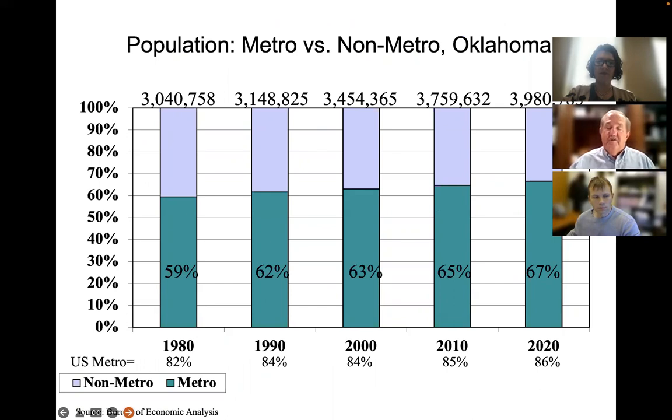And so there's this natural trend from decade to decade, and we are becoming, in fact, more metropolitan, more urban. However, a takeaway here: 67% of our population lives in metropolitan areas. That's compared to the nationwide average of 86%. So Oklahoma still would be considered somewhat a rural and non-metropolitan state. Thank you.